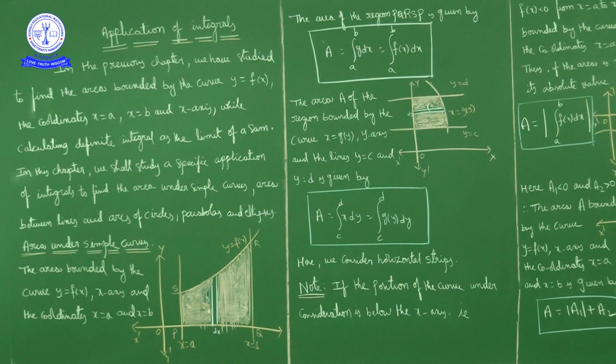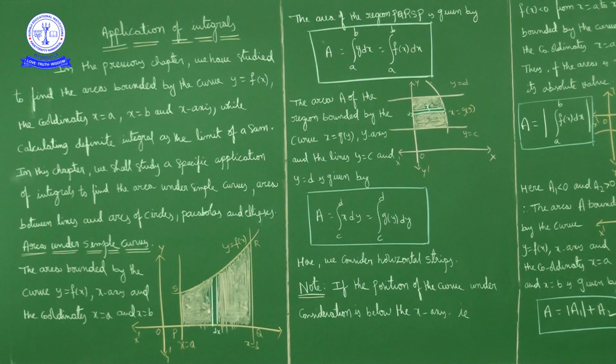Now similarly, instead of x limits, suppose y limits are given, okay? Now we have something like this graph, with y limits given, y equal to c and y equal to d. Between these two limits, the area bounded by the curve x is equal to g of y.